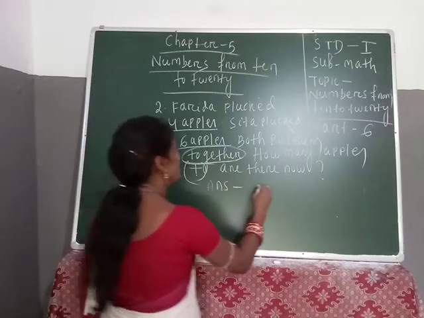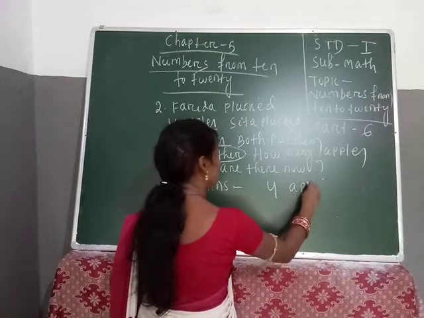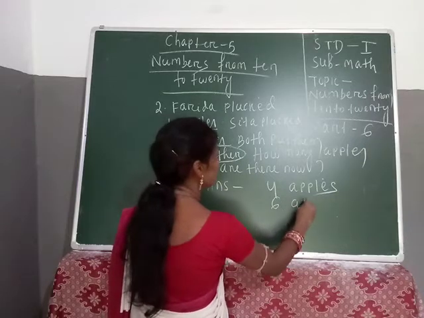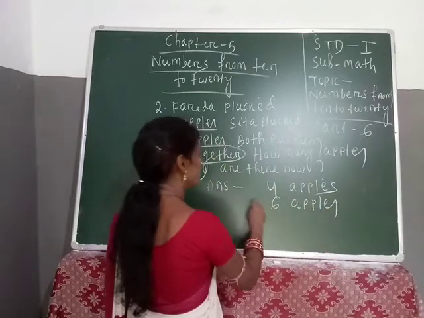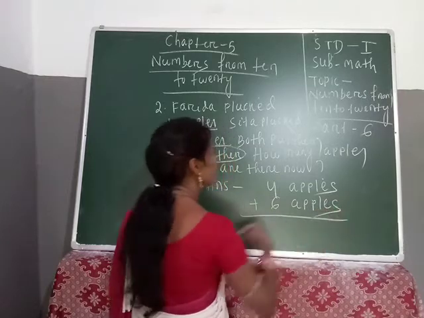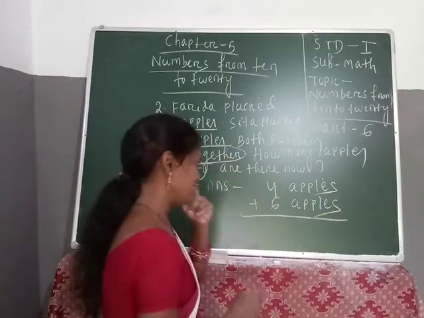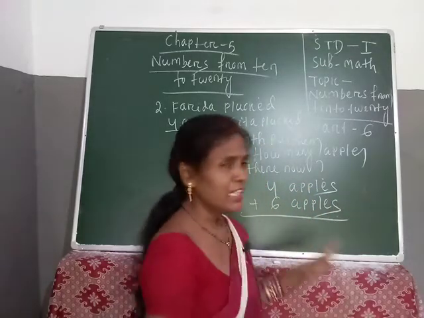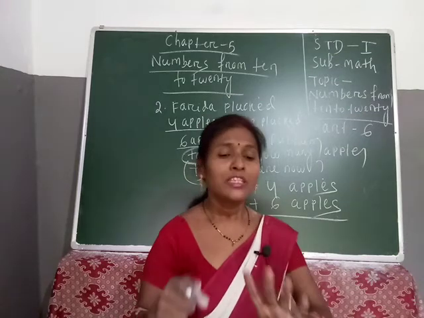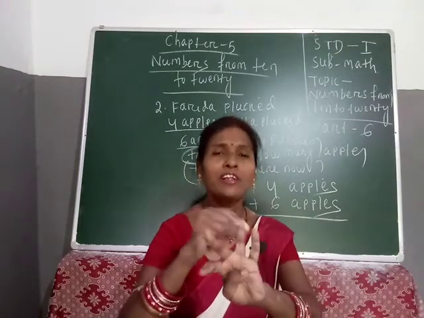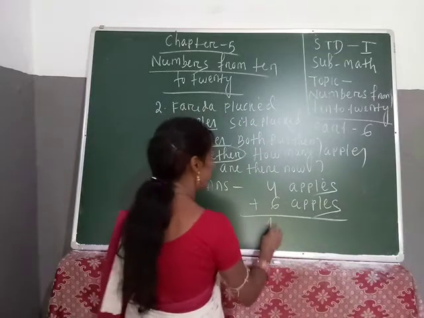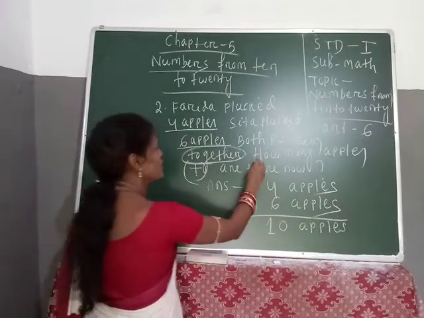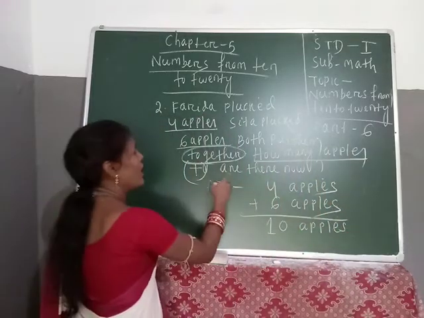Now let us do, students. For the answer you write 4 apples, next is your 6 apples. We will find the total now. 4 plus 6. Now take out your fingers. Start the count from 6 and 4, and 4 is the smallest one. So that's why 7, 8, 9 and 10. So we will write here how many? 10 apples. So the question is, how many apples are there now?